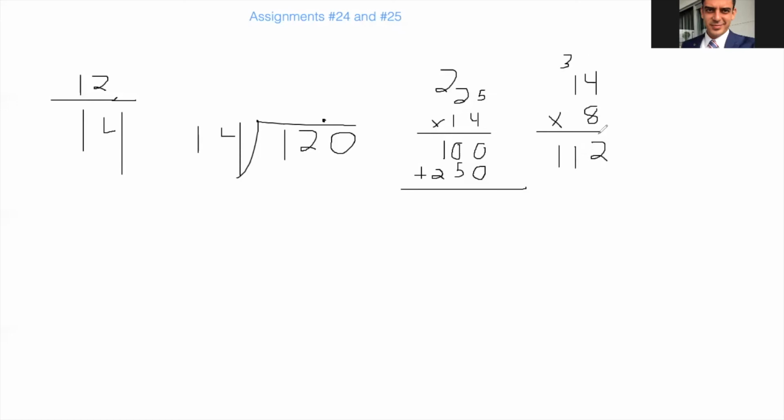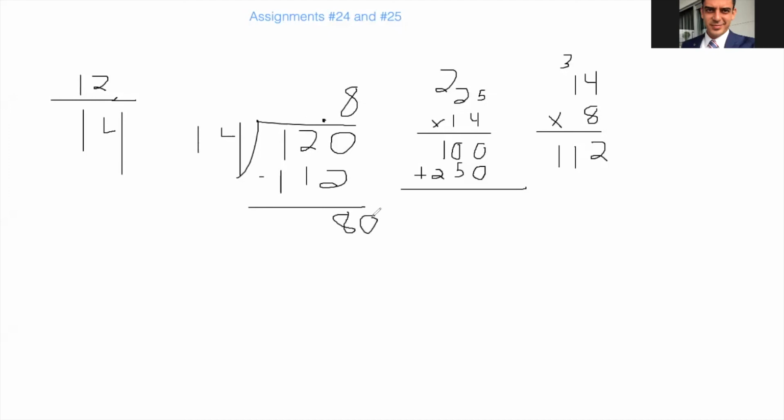And then if we add one more 14 onto this, it would be too much. So I already know 8 times is 112. You subtract that, and it would be equal to 8. And then 14 doesn't go into 8, so you would add a 0.